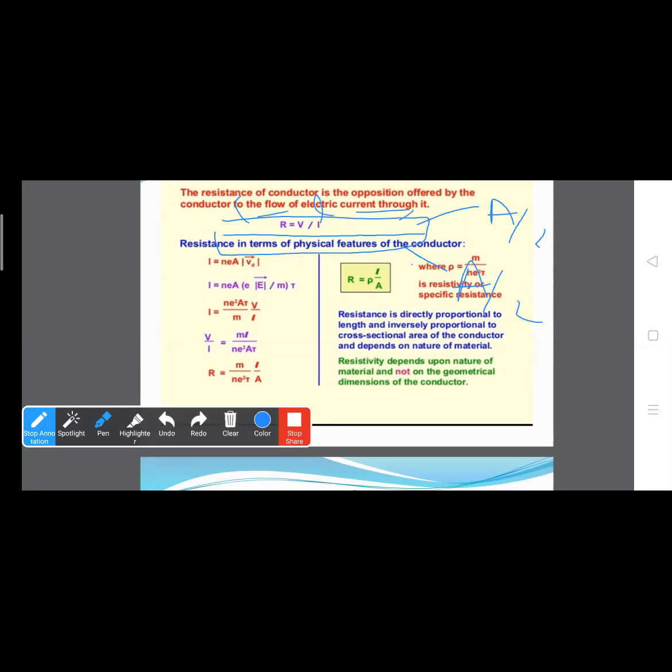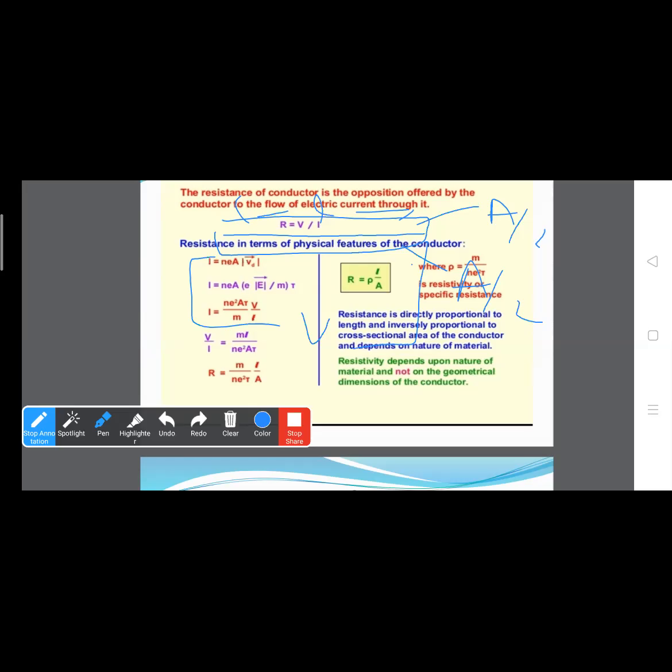Now apply the potential difference across this. Clear? So when the same potential difference is applied across each slab, the current flowing through each is I by 2, which is half of the current through the full slab.